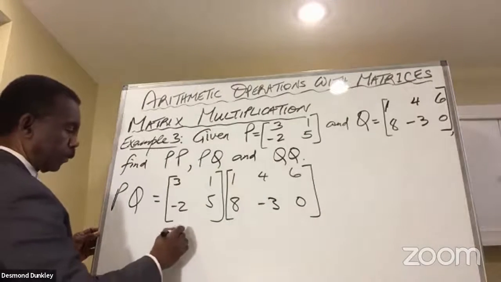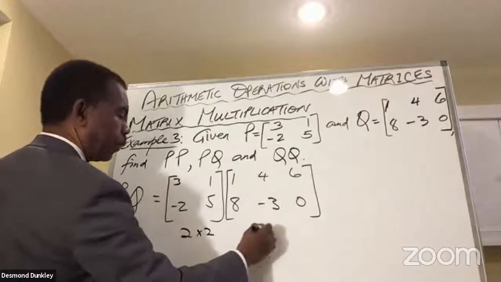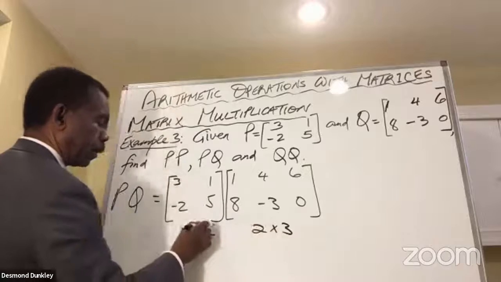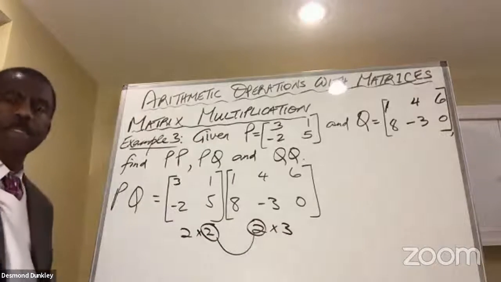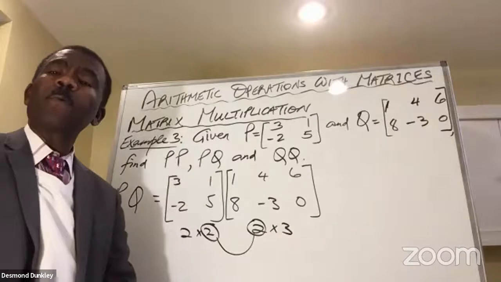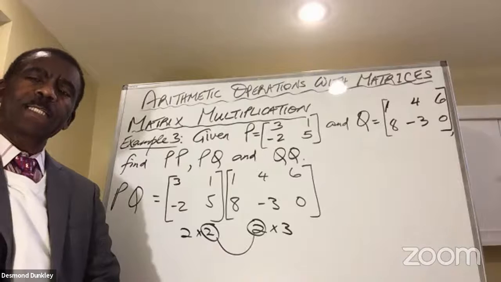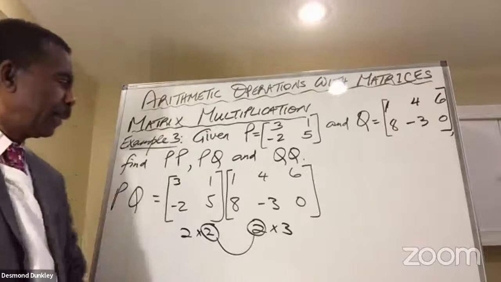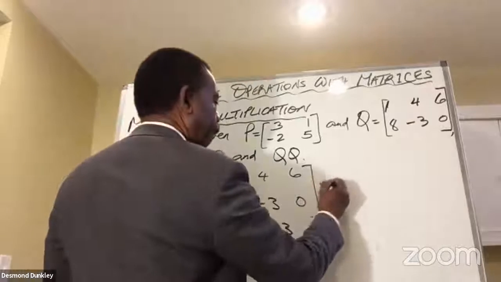So this is a 2 by 2. This is a 2 by 3. So these two numbers are identical. So therefore, we can do the multiplication. The matrix product exists. So we're going to end up with a 2 by 3.